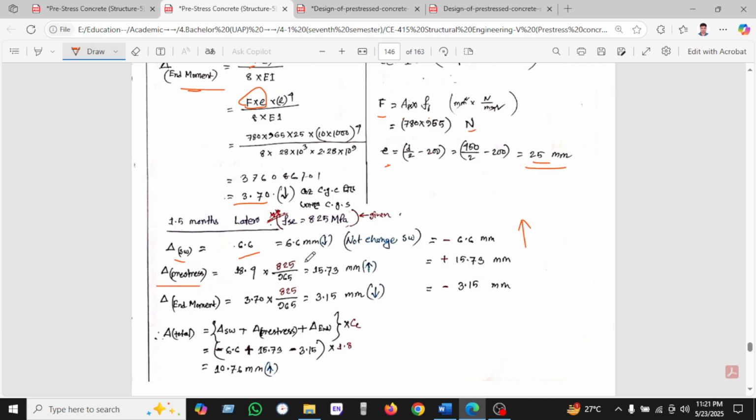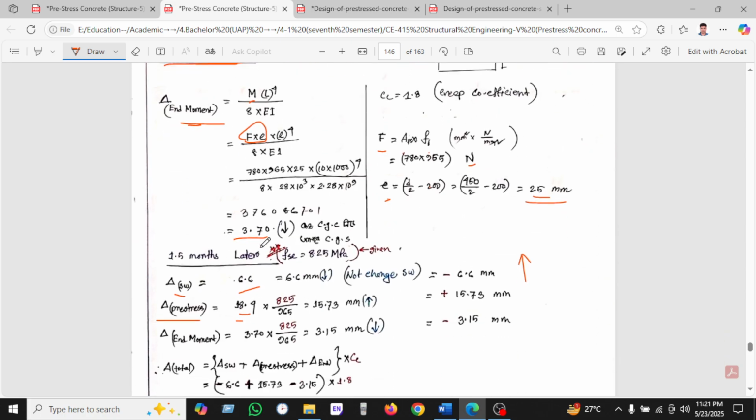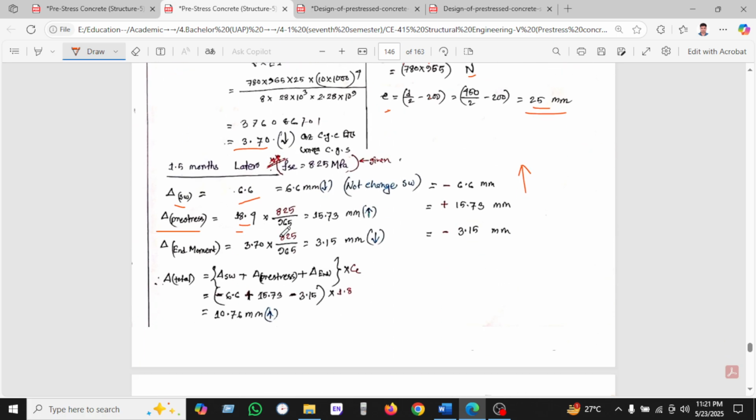Okay, so after 1.5 months, we found the self weight is 6.6, which is downward. For prestress, we found 18.4, and it will be taken as 825 divided by 965, as the prestress is given here as 825, and we found 15.73.